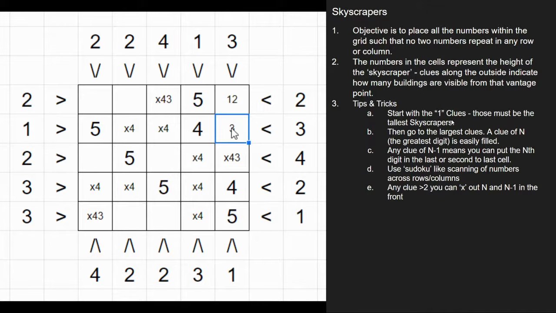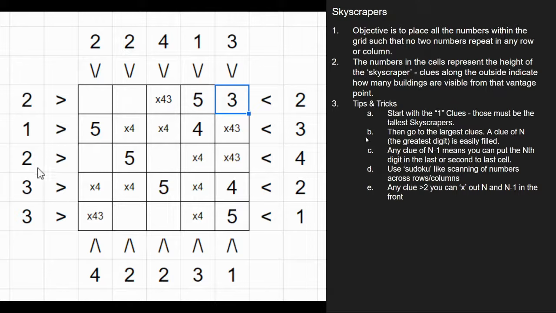So a 3 can't go here. And we already know a 3 can't go there, so therefore a 3 is going to have to go there. Let's make that a little bit bigger so we can see that. So that's helpful.